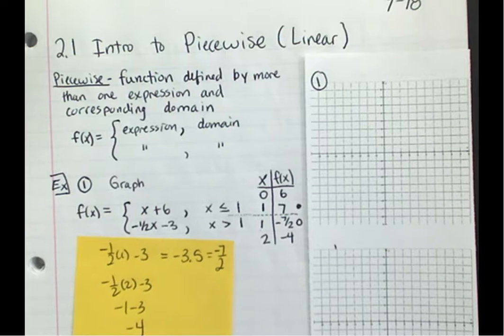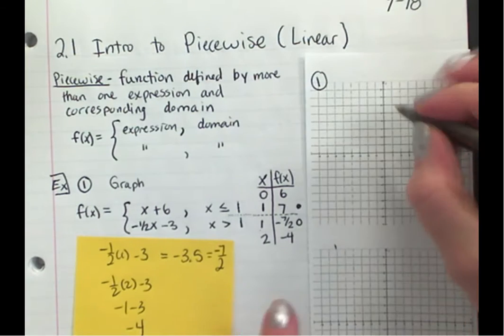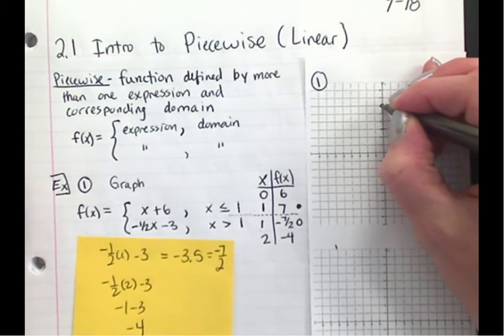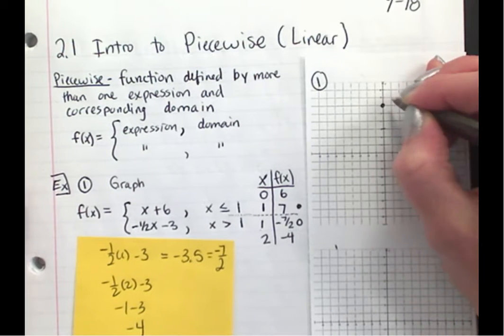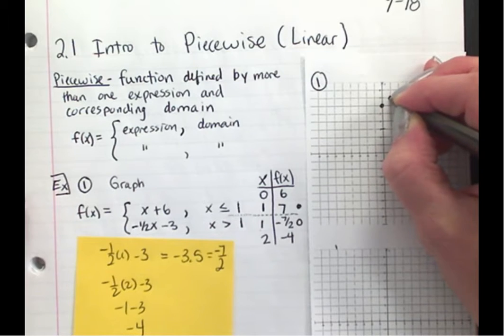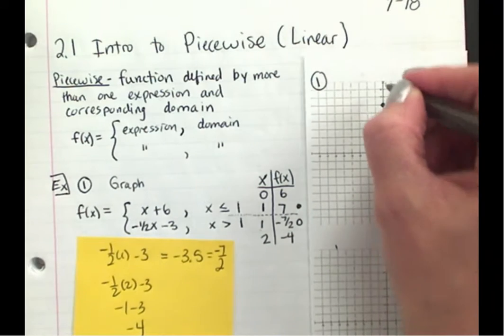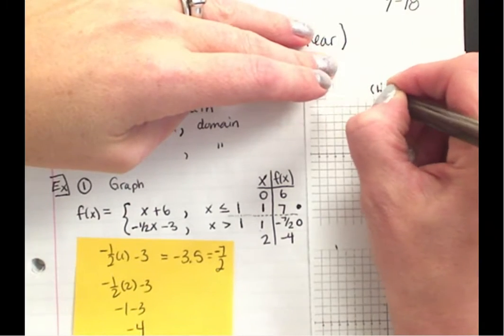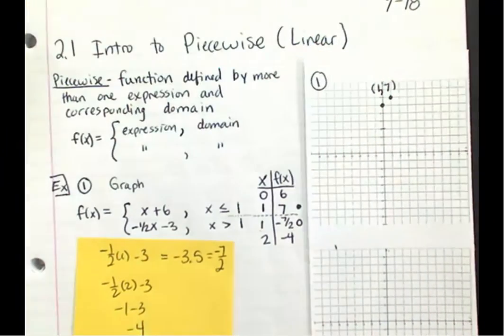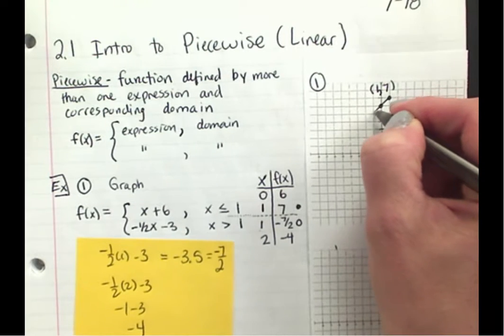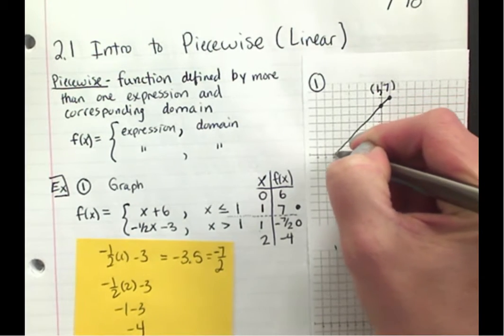Okay, let's put our dots on the graph. 0, 6. 1, 7. Connect. But keep the domain accurate. Keep in mind this 1 point, and I'm just going to label 1, 7 because I want to know that's the endpoint. And I'm going to go this way.